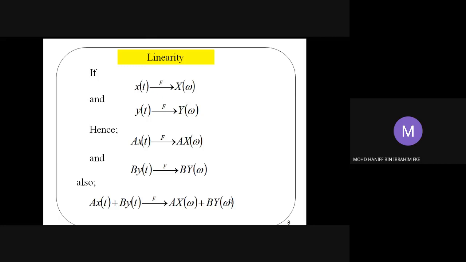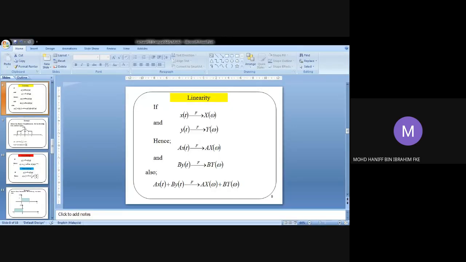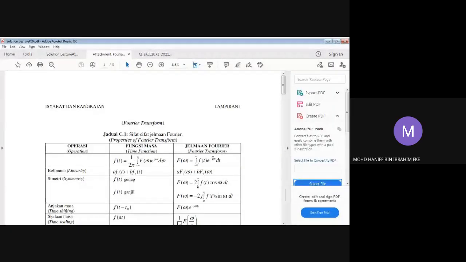Basically you can refer to these properties in our table. So allow me to refer back to the table. Okay, so this is the one. This is a table that I put in the classroom.